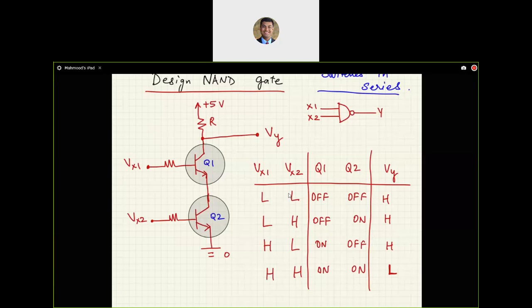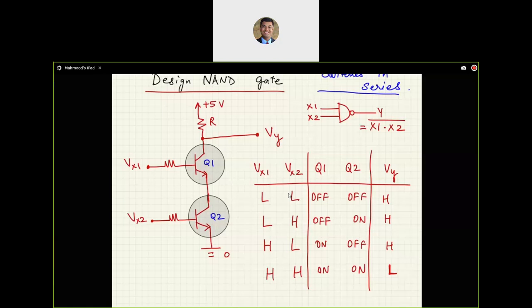So this is performing the operation of x1 and x2, and then there is a bar on top. So we tried to design AND, but in fact we designed a NAND function. So for a two input NAND, we needed two transistors. For a three input NAND, we would need three transistors in series, and so on.